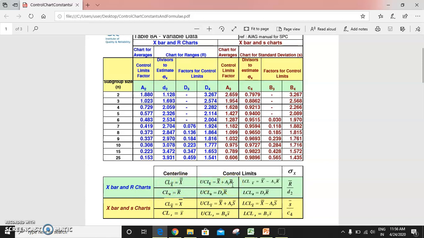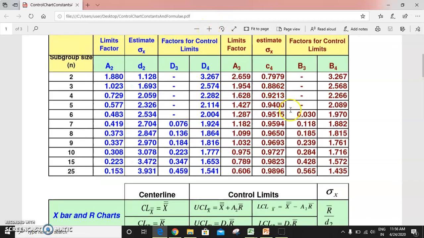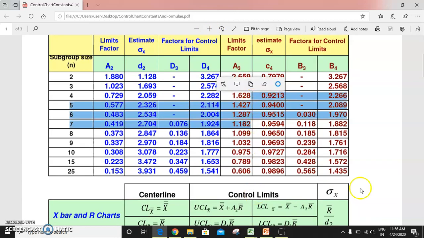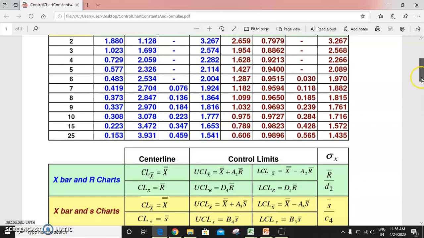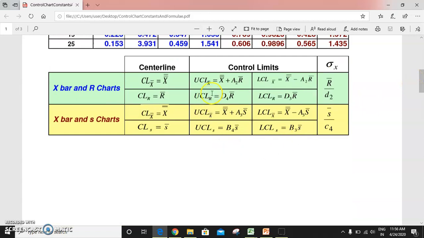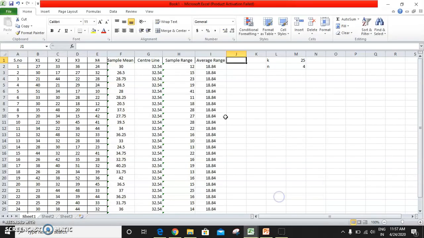This is the formula for your control limits. I'll just zoom it more so that it's clearly visible. Finding out the upper control limit will be X double bar plus A2 R bar. This R bar is what we have just calculated in our Excel sheet.